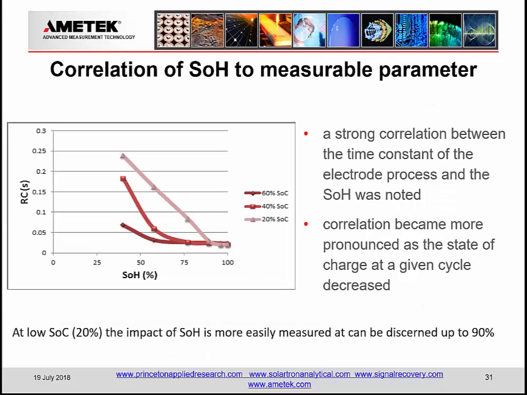So to do this, we want to correlate this to a state of health, or to some measurable parameter, just like we did with state of charge. These are state of health values determined at 3 different states of charge. Simply stated, the more accurate you can make your impedance measurement, the better you can quantify your state of charge and state of health measurements.